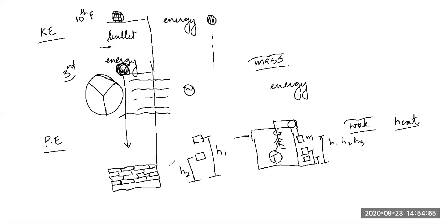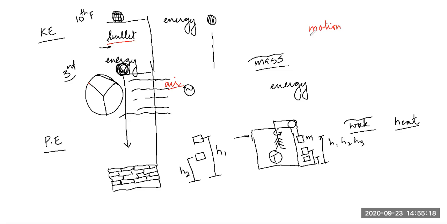So many examples I have discussed. I have seen that in the first case, the energy is possessed by the bullet, by the motion of air, and by the car moving. They are all in motion.